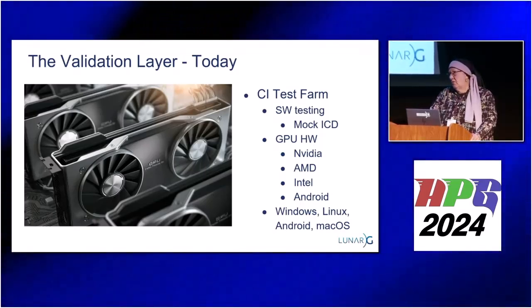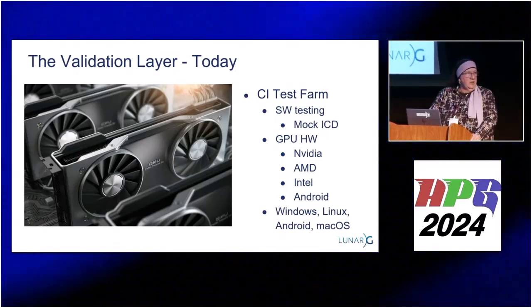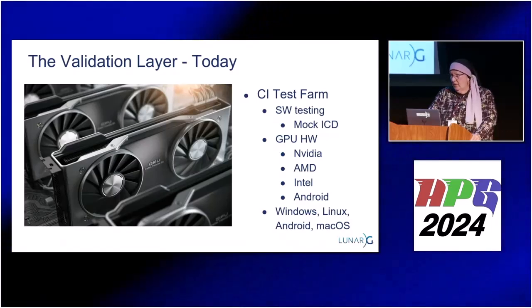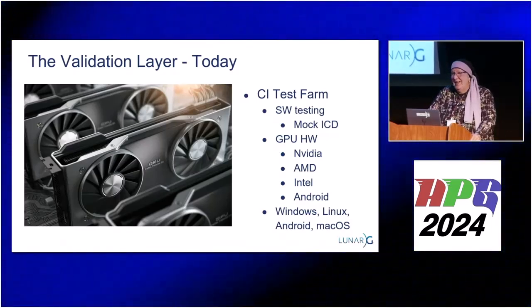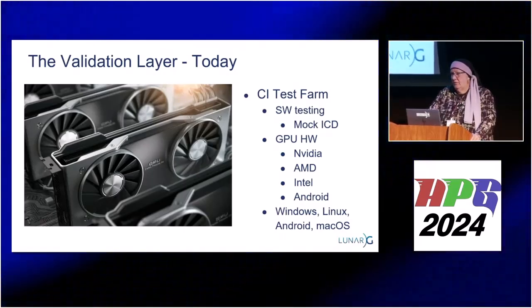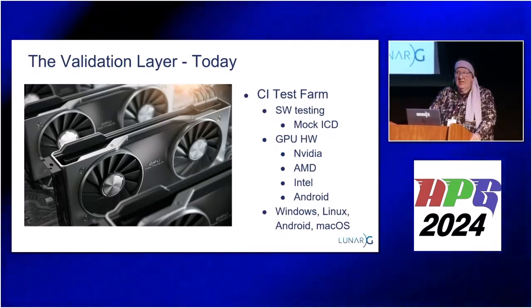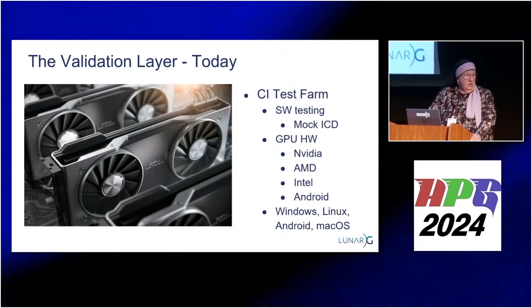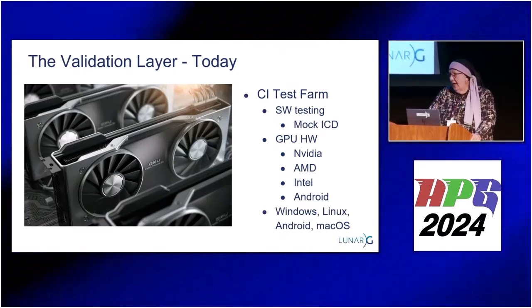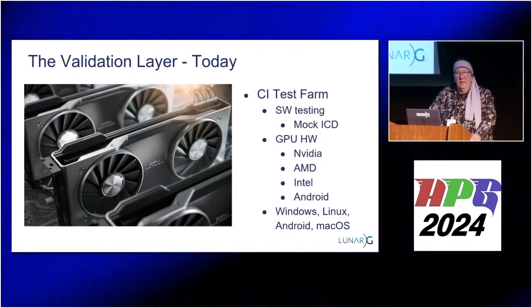Managing a GPU hardware test farm is not trivial. You get hung, locked up GPUs. You need to be able to detect that and recover from it appropriately. But without those GPUs, we cannot test the validation layer code base fully. And we have to test across multiple operating systems. Each operating system has its own behaviors as well, and across multiple GPUs and also Android. So this adds up to quite a complicated test center that we need to manage.